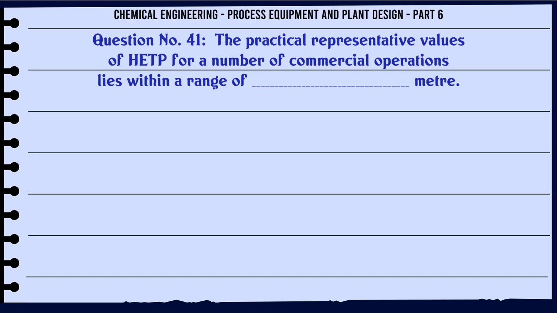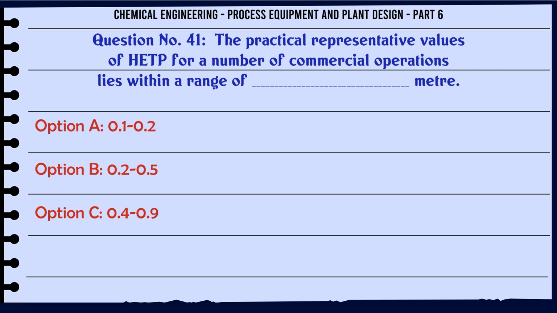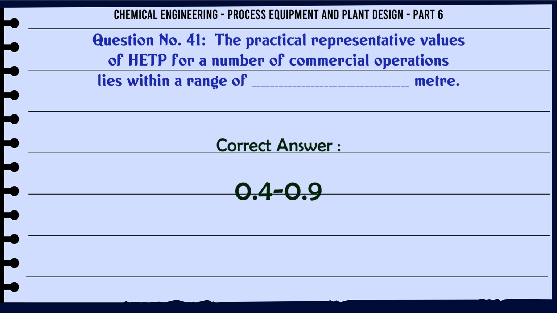The practical representative values of HETP for a number of commercial operations lie within a range of how many meters? A. 0.1 to 0.2, B. 0.2 to 0.5, C. 0.4 to 0.9, D. 1.2 to 1.5. The correct answer is 0.4 to 0.9.